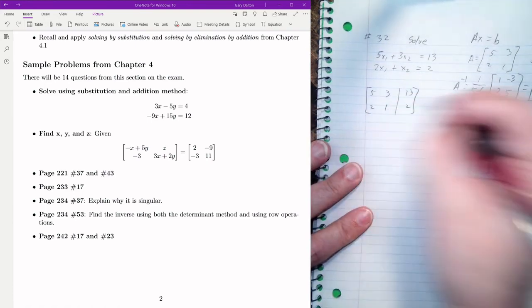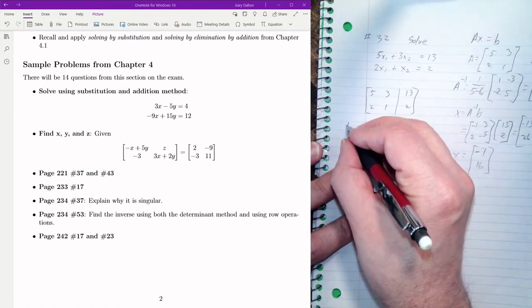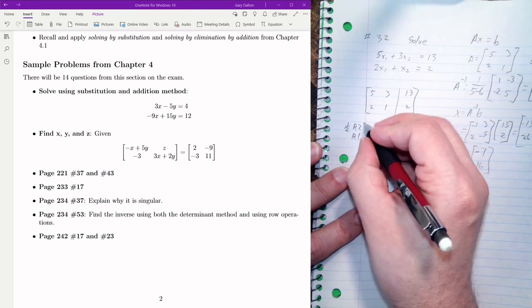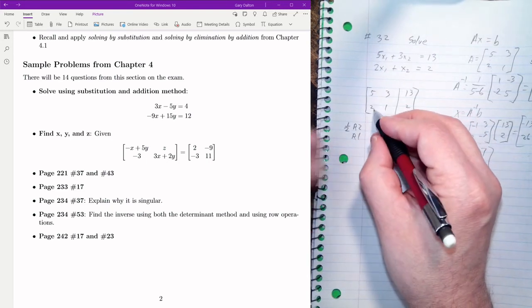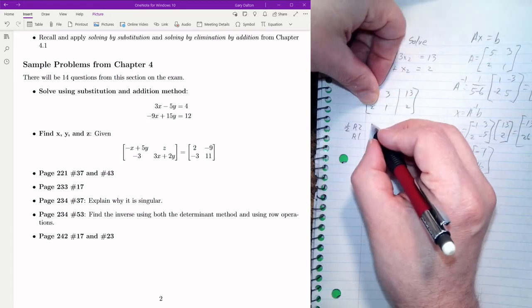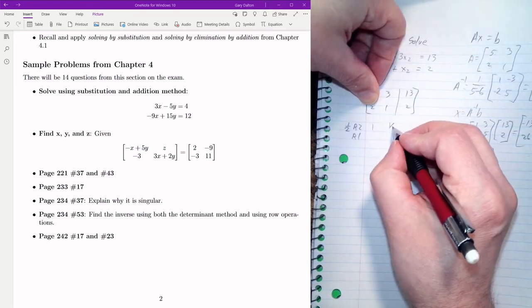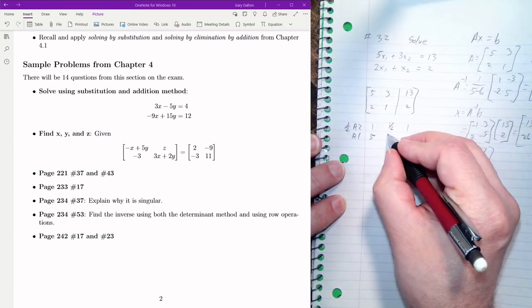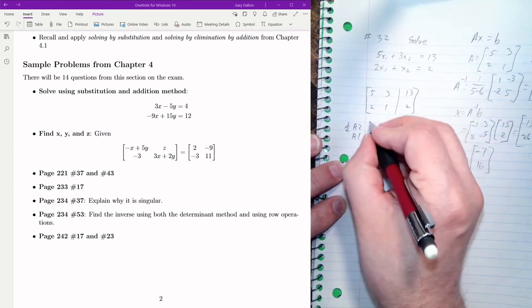Okay? So I'm going to do 1/2 row 2 and then row 1. So 1/2 of row 2 would give me 1, 1/2, 1, 5, 3, 13.